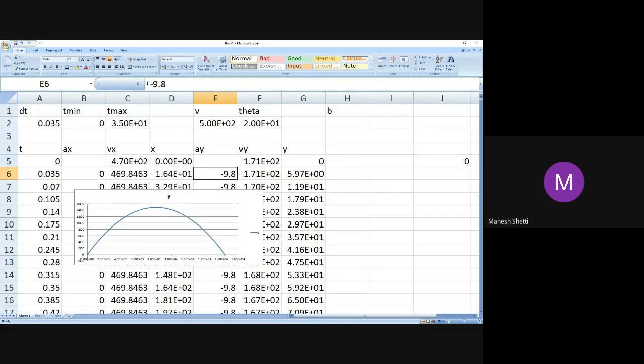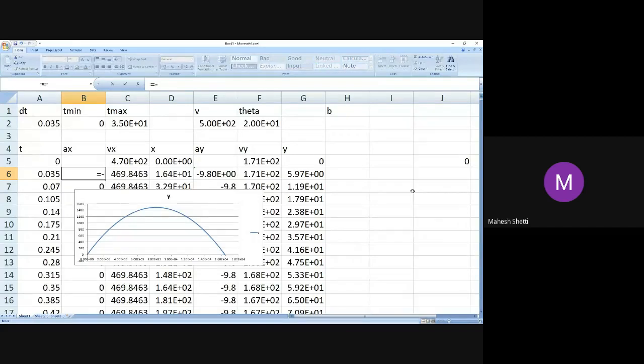In the second value, I'm going to say this acceleration is minus 9.8 minus $h$2, that is this value, whatever value I'm going to put over here, multiplied by the Vy value in the earlier interval. Similarly, in the ax value, the acceleration is not going to be 0 now.